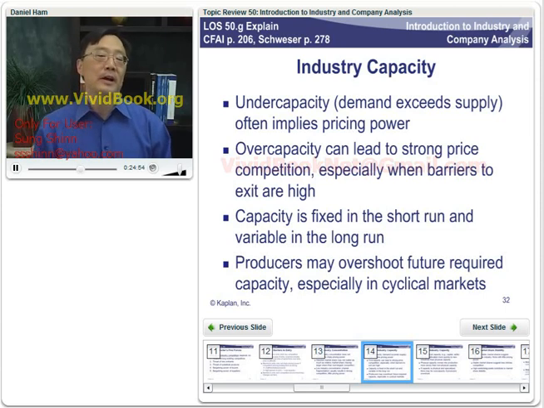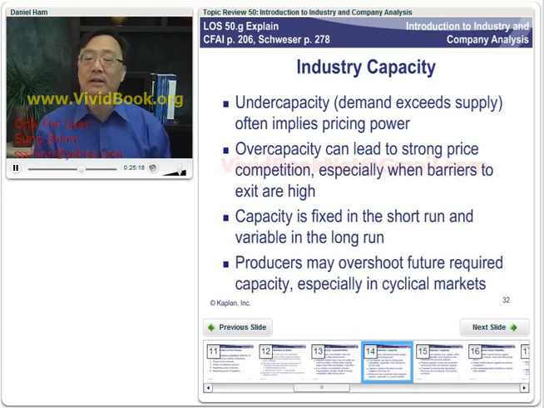Pricing power, because anytime you have excess demand, you can charge a higher price. Then you have potentially overcapacity. Overcapacity is excess capacity. You have a lot of slack resources. That also means that you don't have strong pricing power, little pricing power, especially when the barriers are high.